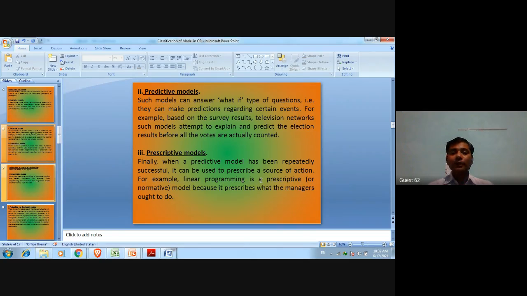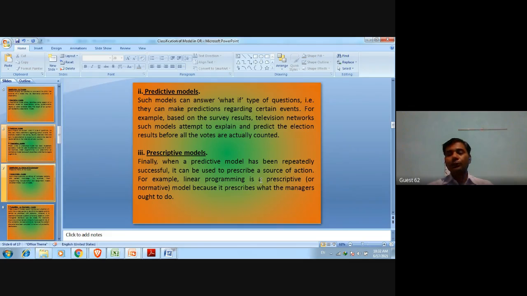It means when you repeat your predictive model many times and your results come out the same, this is your success. So it can be used to prescribe a course of action. So you can say that this result is a success.